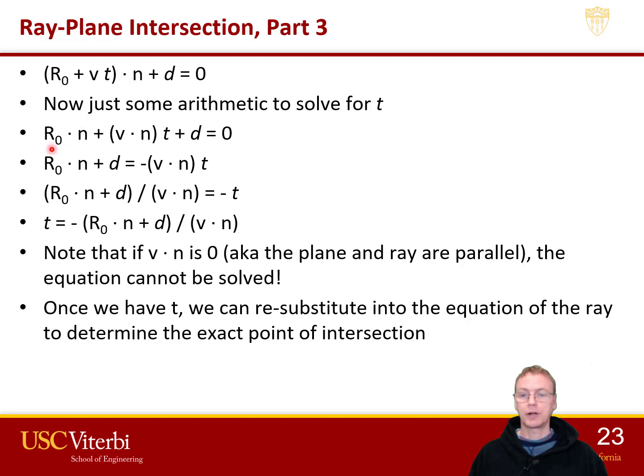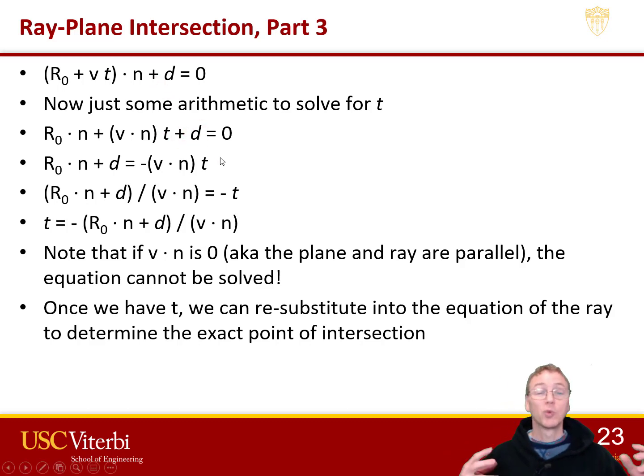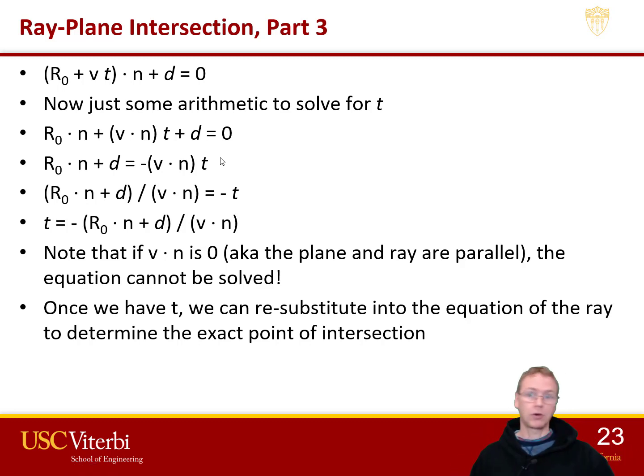So I distribute the dot product right on there, and I'll distribute the dot product v dot n times t. T is a scalar, so I can just pull that out of the dot product right there. So I've got that dot product, this dot product, t, and then here this constant d I'll bring down. All right, what's next? We're trying to solve for t. T is our only unknown.